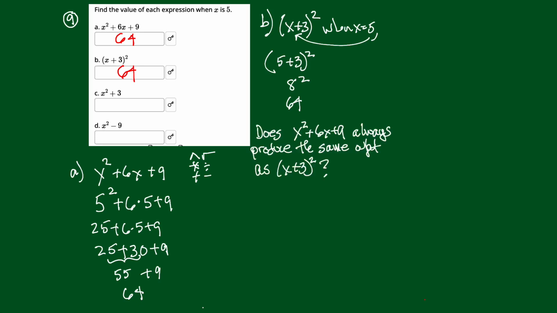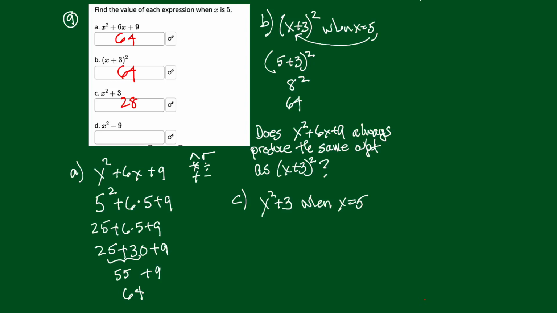So we're wondering, does the expression at the top, x squared plus 6x plus 9, always produce the same output as the expression x plus 3 squared? Right, this set of computing instructions, is it the same as this one, just written differently? Well, we don't know that yet. Turns out it is, but we just don't know that yet, but we will prove that they're equivalent. But right now, let's finish the problem.